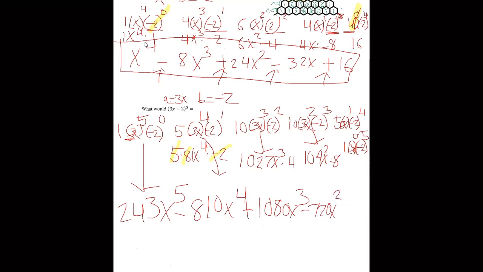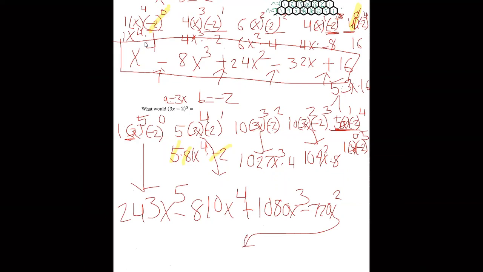I'm running a little bit out of space, but this part here, you would have 5, 3x to the 1st, that would just be 3x. -2 up to the 4th power, if you work that out, is positive 16. So 5 times 3 times 16 would be 240.